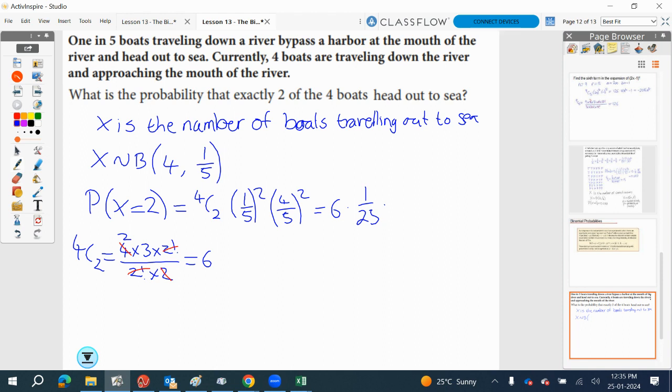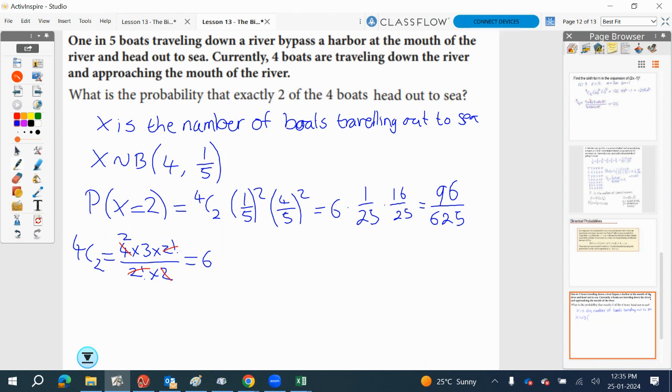This is going to be 16 over 25. So 6 times 16 is going to be 96. 25 times 25 is 625. Can we simplify this? No.